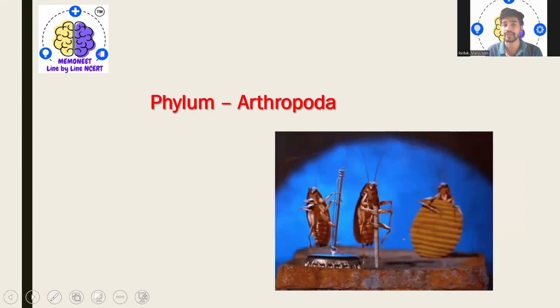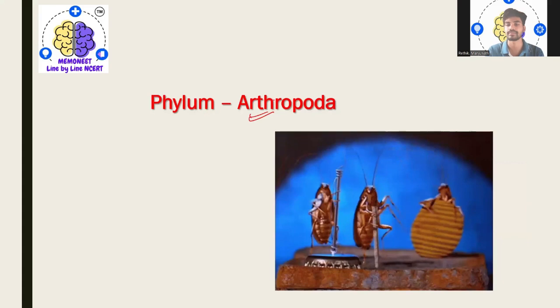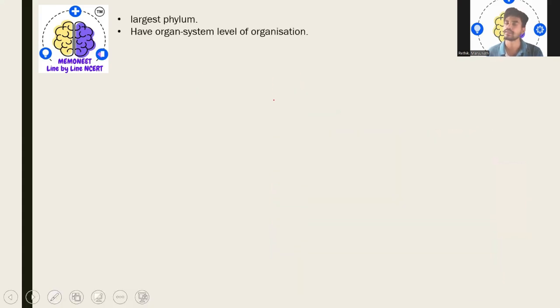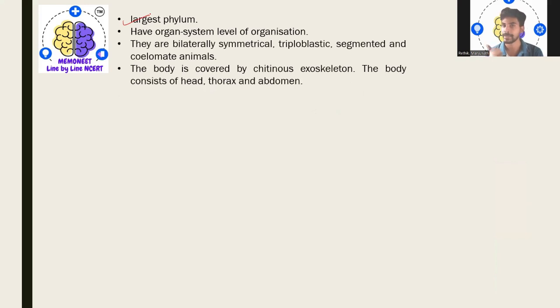Moving to the next and largest phylum, that is phylum Arthropoda. Yes, they're the largest phylum, that's true. And a very important thing is they have an organ system level of organization, bilateral symmetry, triploblastic, and the body is segmented. So they can be divided into head, thorax, and abdomen.